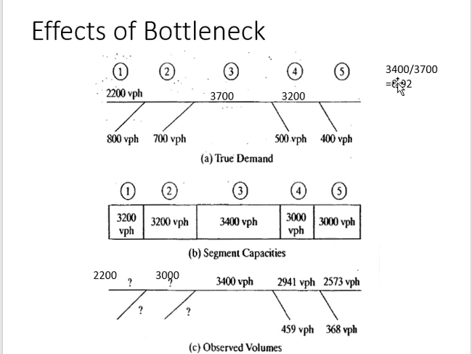Capacity. If you go back to all the previous examples in which we did this, the volume is either equal to demand or capacity. But what happened in segment 4 and in these ramps? 2941, is it equal to demand? No. Is it equal to capacity?